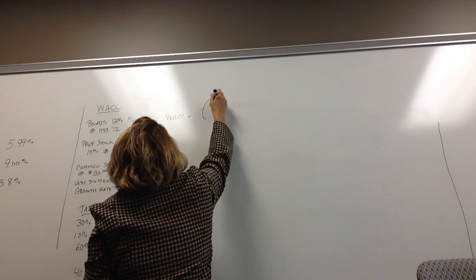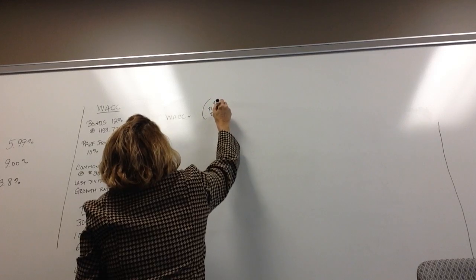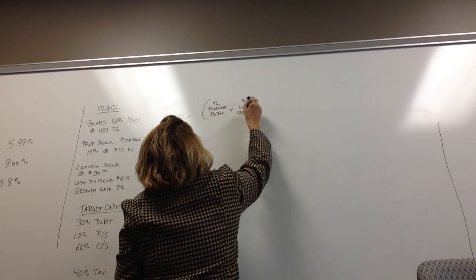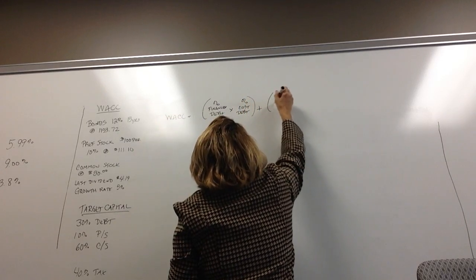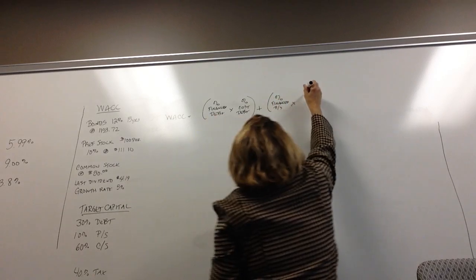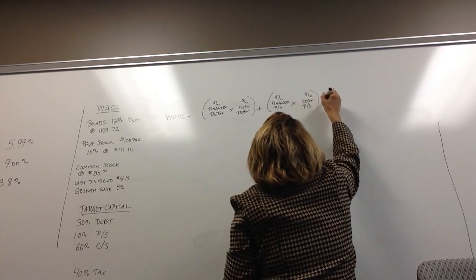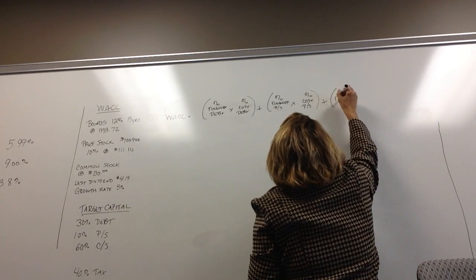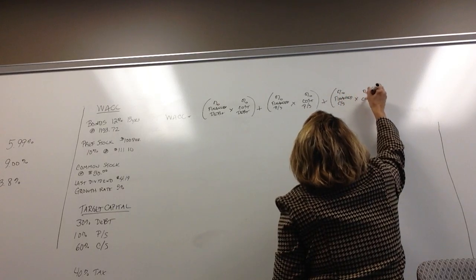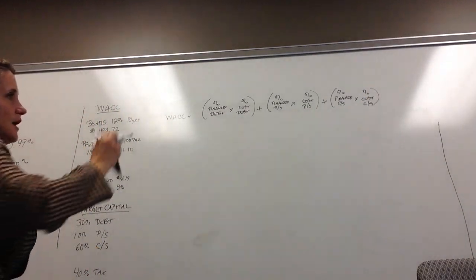So it's a long formula, and it's our percent financed with debt times our percent cost of that debt, and then we add to that the percent financed with preferred stock, and we multiply that times our percent cost of that preferred stock, and then finally our percent financed with common stock times our percent cost of common stock.